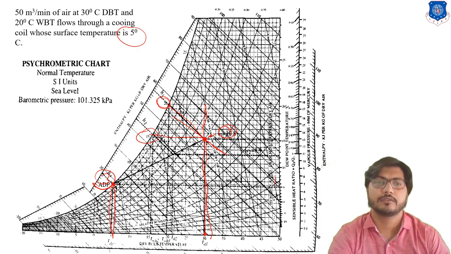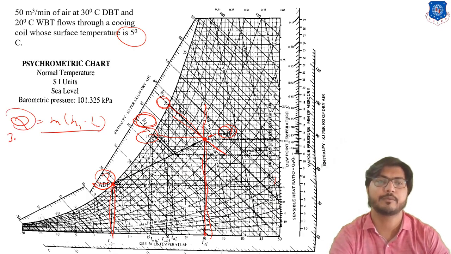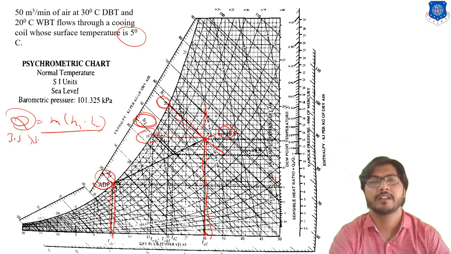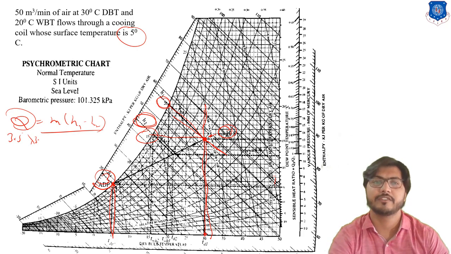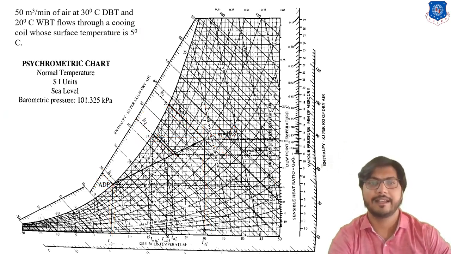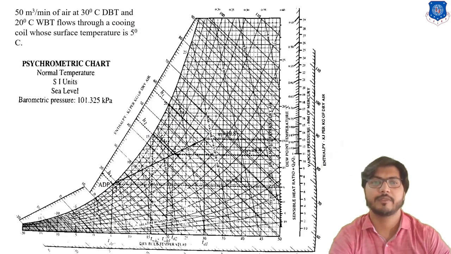Now we calculate H2 by using the capacity formula, Q equals M times H1 minus H2. The capacity is given as 3.5 TR. So we locate H2 at 44.15, which is in the numerical, and draw a line from H2 that intersects the 1 to 3 line at this point, and we calculate TD2.